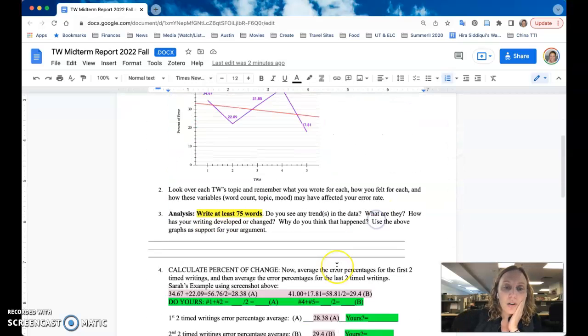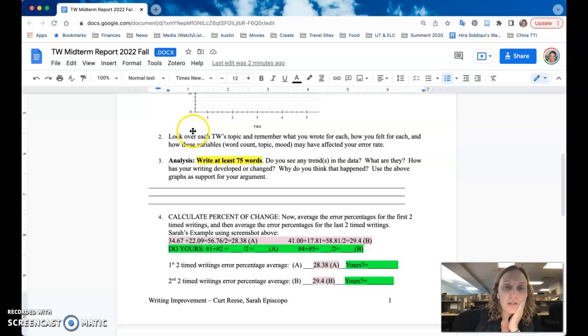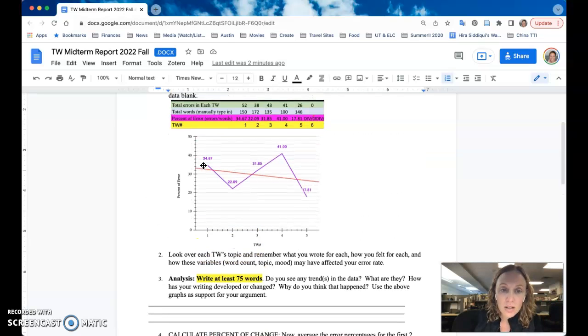So, if I scroll down, number 2 and number 3 are saying, look at this chart and write 75 words on any trends that you see. So for example, I see in this graph that time writing 4, I really probably with 100 words didn't really know what to say, or I didn't plan, or maybe I got really excited and started just kind of rambling but didn't have much to say about the topic.